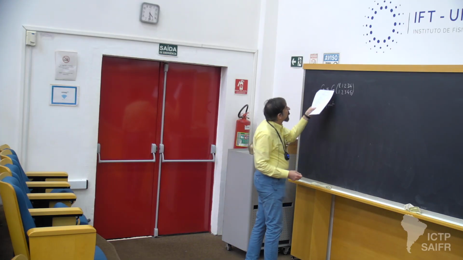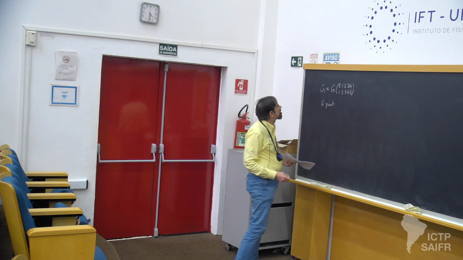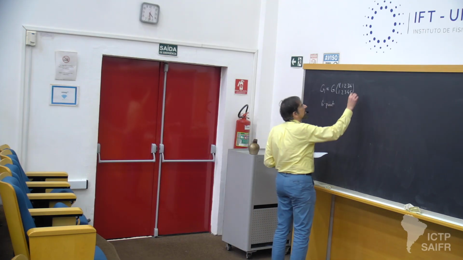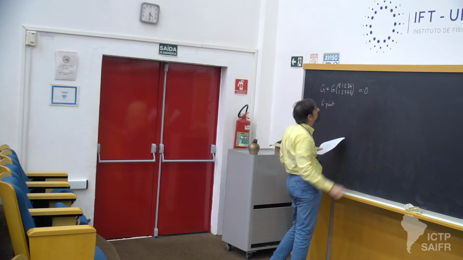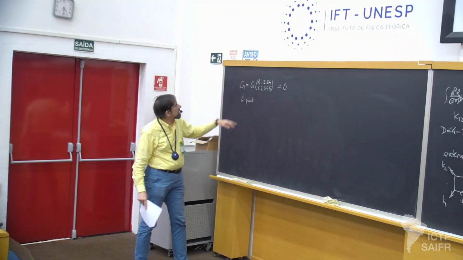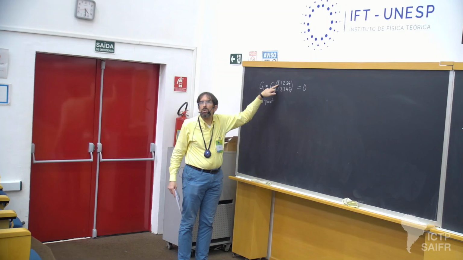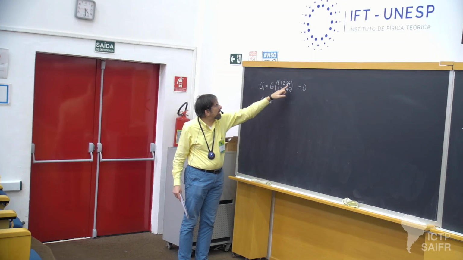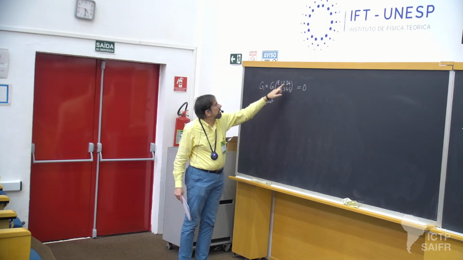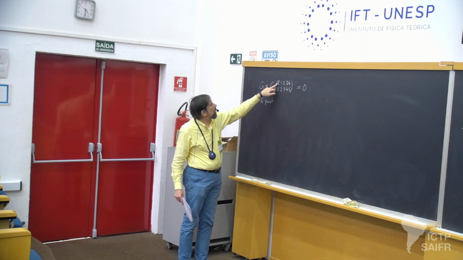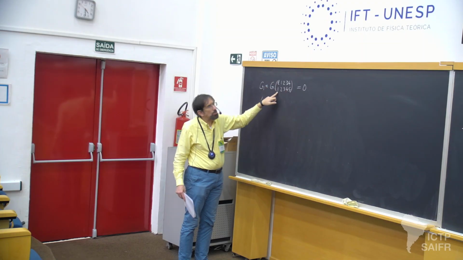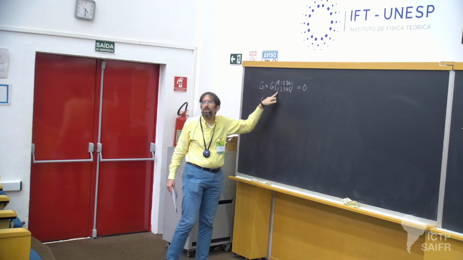So this object, if the loop momentum were 4-dimensional, it would obviously vanish, but it vanishes non-trivially. And that isn't altered by the fact that we take the loop momentum to be d-dimensional. The fact that it's d-dimensional means that the vectors in the first row are now linearly independent, but that's not true for those in the second row. So this object still vanishes.